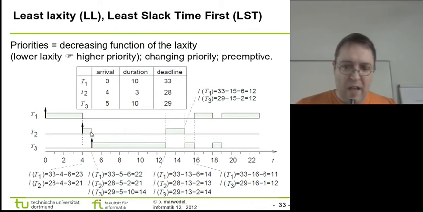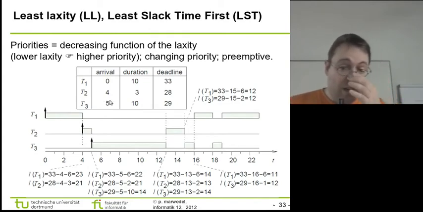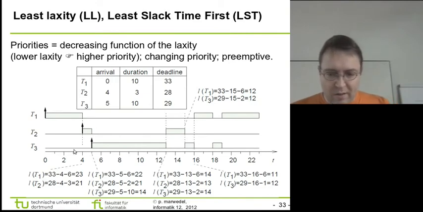and as a consequence T2 is now scheduled, and in the next time unit, time 5, T3 arrives and is ready to execute. And now again we have to recalculate all the laxities, now for all of the 3 tasks. So for T1 it's easy, 1 more time unit has passed, it didn't proceed any calculations, so it goes down from 23 to 22.